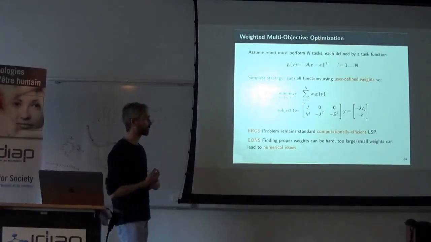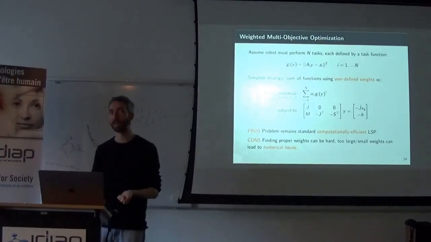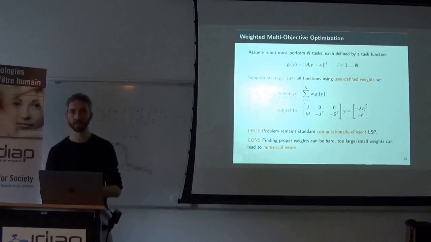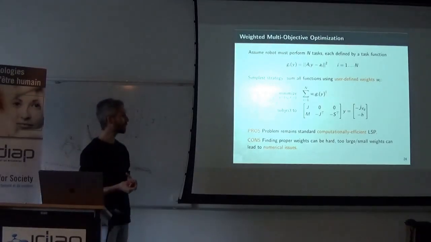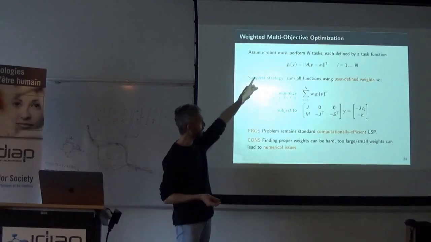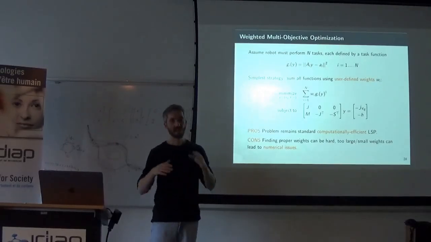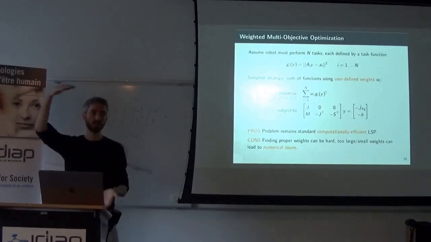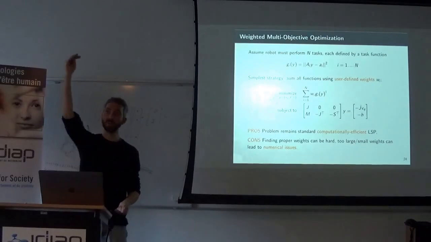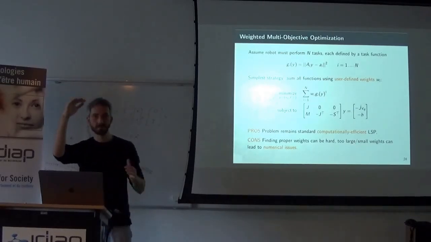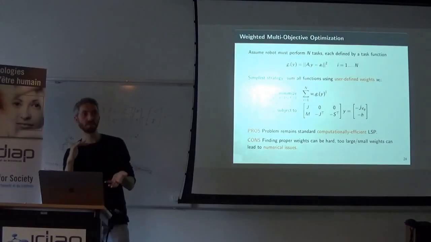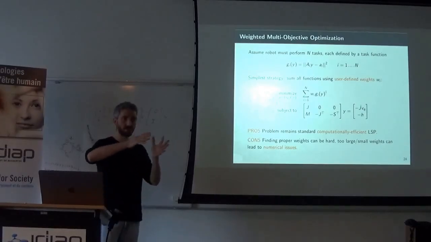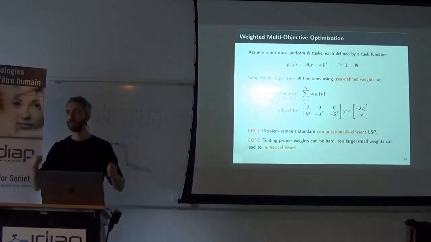The con of this approach is that finding the right weights can be hard. It may require some experience to do that. And also, if you start having many tasks that you would like the robot to perform, and the level of importance of these tasks relative to each other is very different, you have some task that is really, really important, then another that is medium important, another a bit less important, and yet another that is even less important, then you want these weights to be very distant from each other.